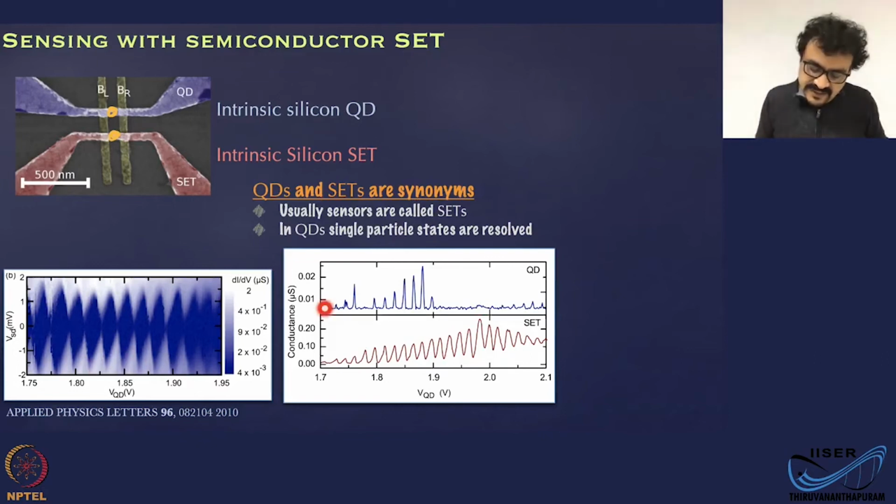So here, this is the conductance of the quantum dot, but this is the conductance of the quantum dot sensed by the SET. As I told before, though both these quantum dots and SETs are in this case very similar in size, usually sensors are referred to as SET and quantum dots are your system that you are studying. Okay, you are probing.